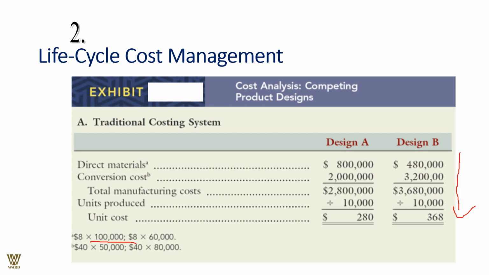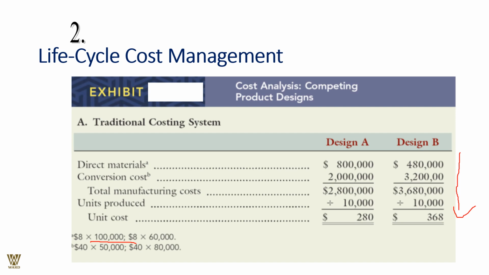This is what has been done for $8 material usage for 100,000 units, at the rate of 60,000 consumption. So this is what we need to go around for design A and design B. In the traditional costing system, we have the direct material hours, the conversion cost, the total manufacturing cost, and the units produced, which needs to be divided equally.